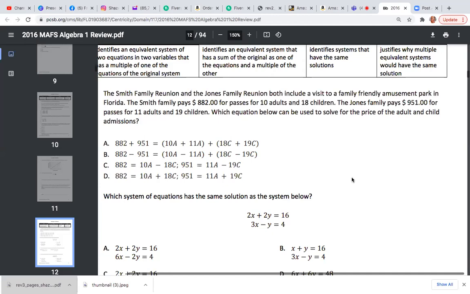Now, guys, be careful. They're asking you which equation, okay? If you're looking at letter C and letter D, they have two separate equations. So your question is, which one of these would be used to solve for the system?